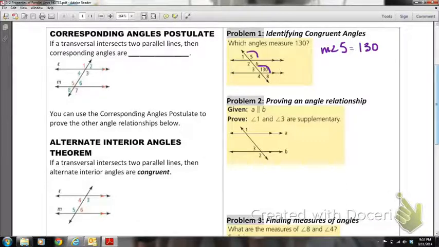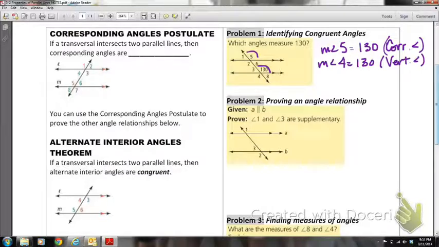Because they're corresponding angles. And then the measure of angle 4 is going to be 130 because they're vertical angles. So don't forget, we can still use that vertical angle relationship from the last chapter.